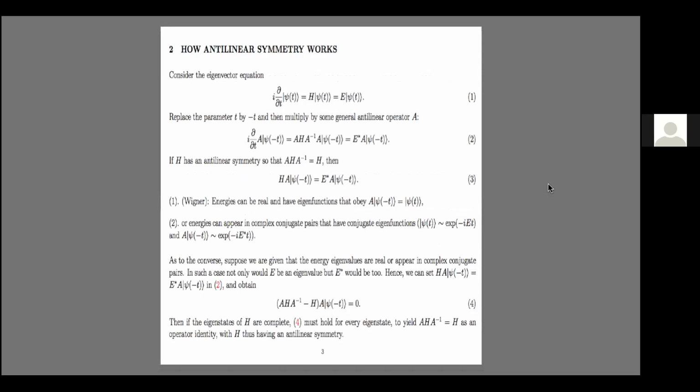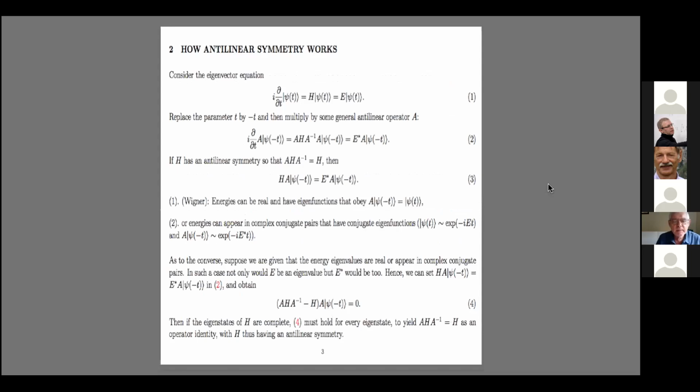How does anti-linearity work? Just consider the eigenvector equation given in equation 1: i d/dt of psi is H psi, which is E psi. Replace t by minus t and then multiply through by A, and you get equation 2. If A H A to the minus 1 is H, then H A acting on psi is E star.